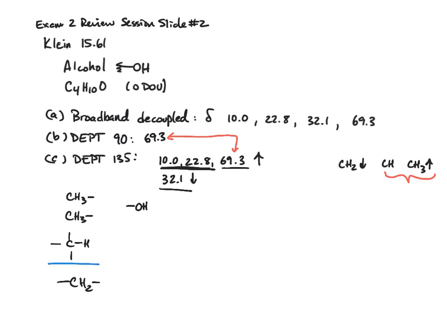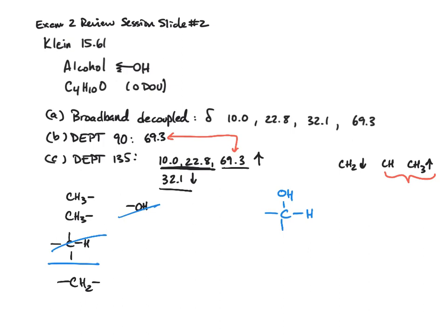You could start with the least substituted, the CH group, and start plugging things onto that. So if you plug the OH group onto that, you would get this. So you've used those fragments, then you have those remaining things left.